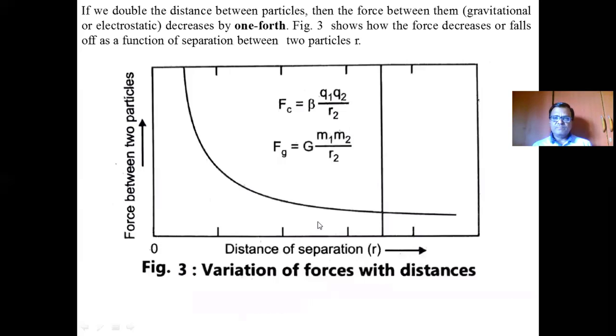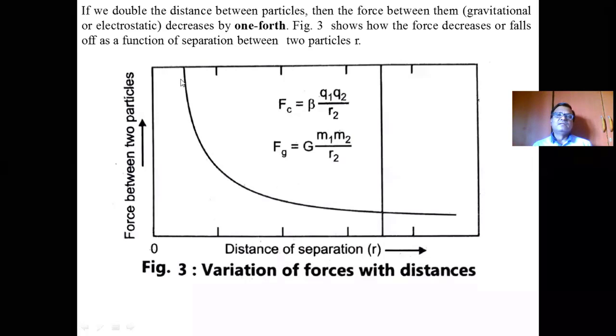The variation of these two forces with distance or separation between the particles is given in this graph. This graph shows if the distance between the two particles increases, then the forces go on decreasing. This is the variation of force with respect to the separation between them.